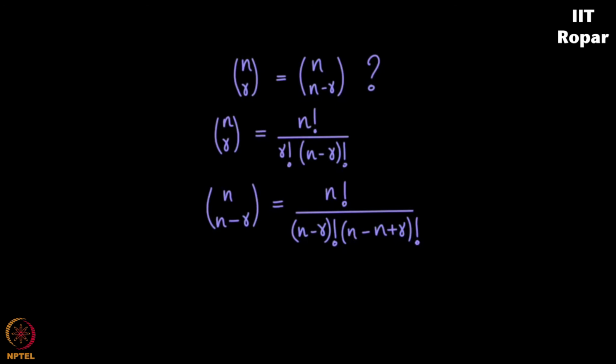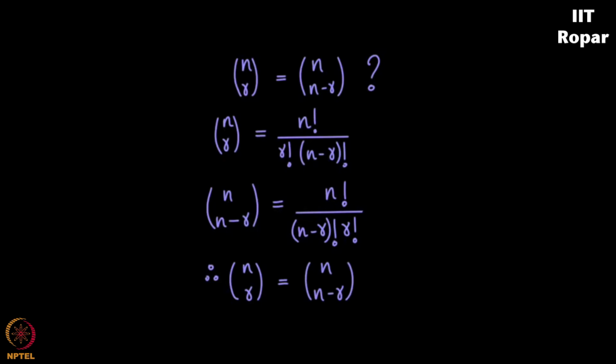You see n and minus n get cancelled and this becomes r here, and as you can see, the left hand side is equal to right hand side. Remember, this is how we used to show a lot of things to be true in our school days. Basic algebra, right? So LHS is equal to RHS, and hence we show that n choose r is indeed equal to n choose n minus r.